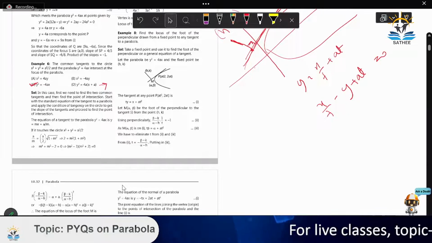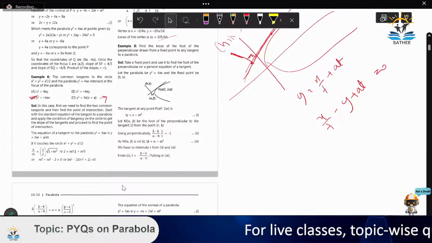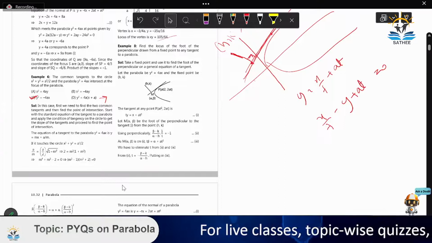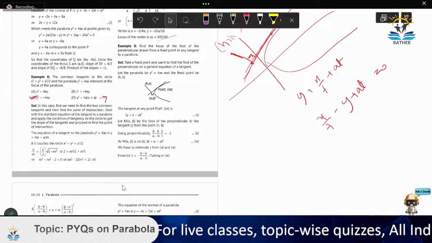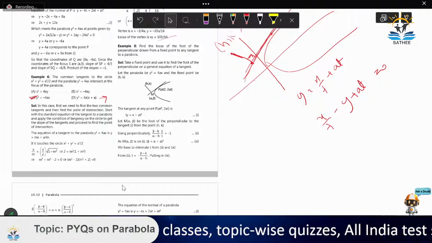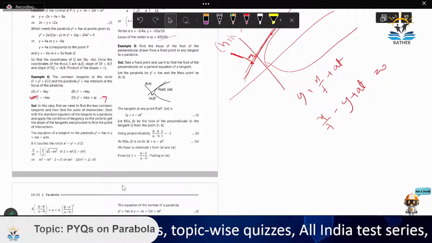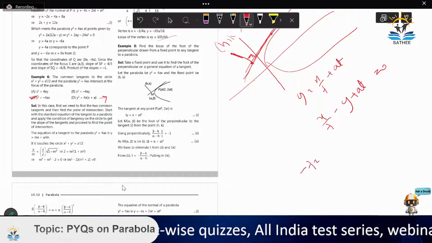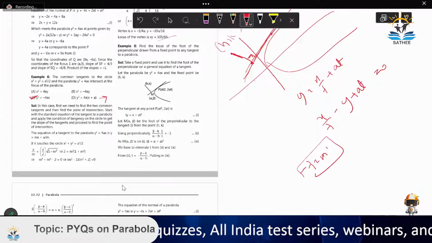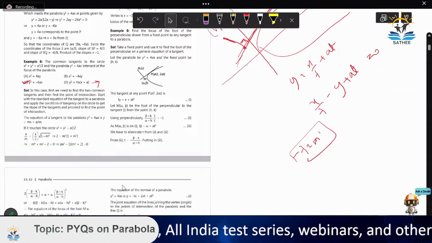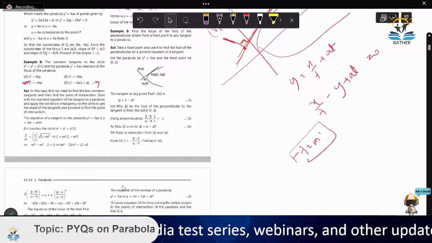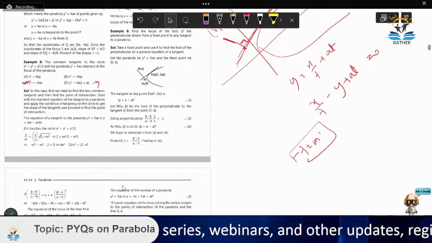So what we can do is, there are two ways you can go about it. You can calculate the slope of the perpendicular, which would be equal to minus t, and it is passing through h comma k, so we know the equation of the line, and calculate the point of intersection, right?